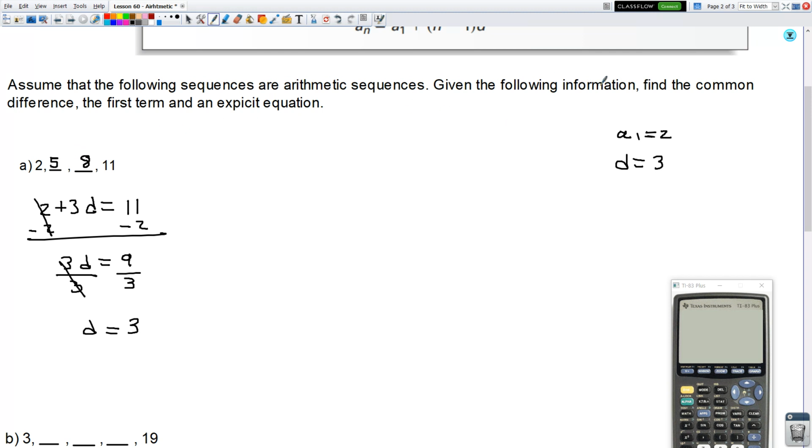If we take a look at what we were looking for, we know what the common difference is, which is 3. We know what the first term is, so now we need to write down the explicit equation.